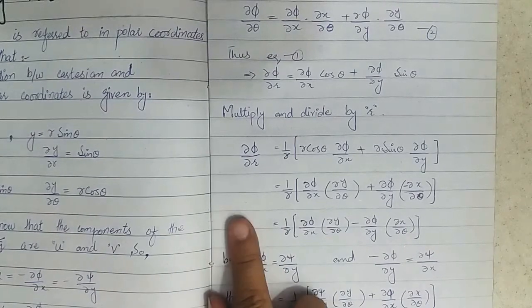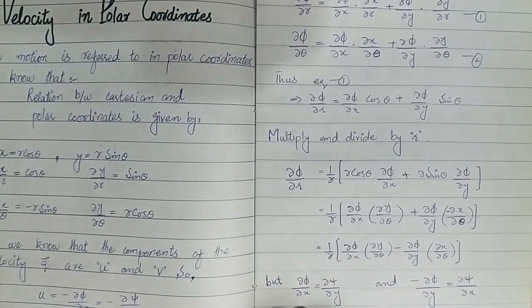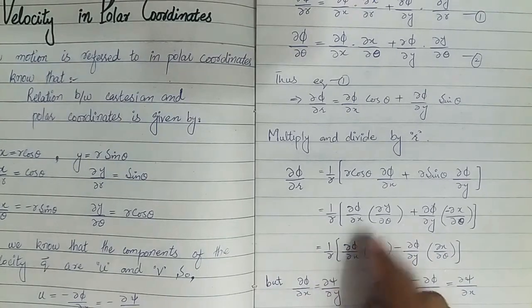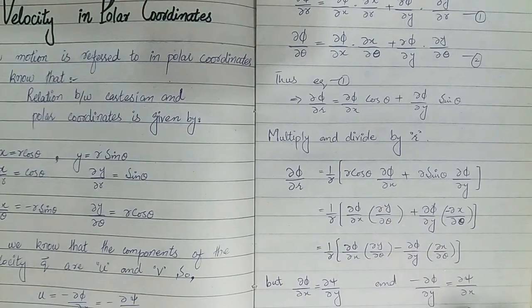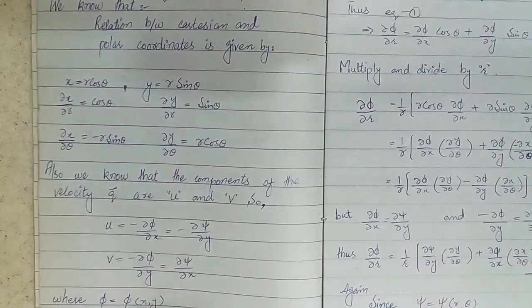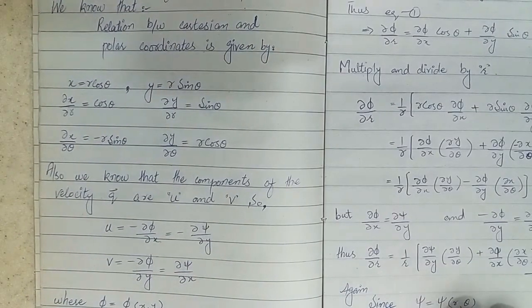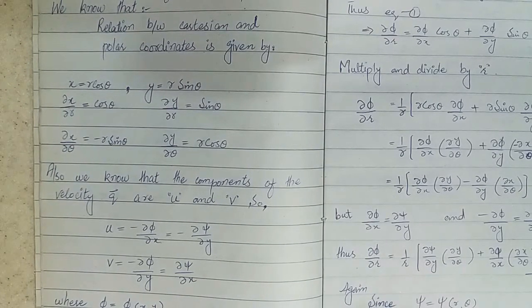In our previous lecture on two-dimensional motion of fluid, we discussed that partial phi by partial x is equal to partial psi by partial y, and partial phi by partial y is equal to negative of partial psi by partial x. So we will put partial phi by partial x in terms of the psi function, and partial phi by partial y is also converted into the psi function. As we have discussed, phi is a function of x and y, and psi is also a function of r and theta. x is a function of r and theta, and y is a function of r and theta.